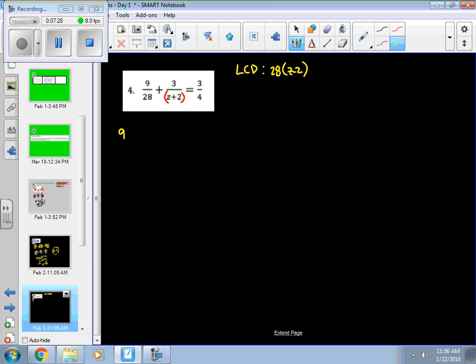So that first one there, we're going to have to multiply by the z plus 2. So top and bottom needs to get multiplied by z plus 2. The second fraction here is going to need to get multiplied by 28 because it doesn't have that factor in it. And the last fraction needs both.